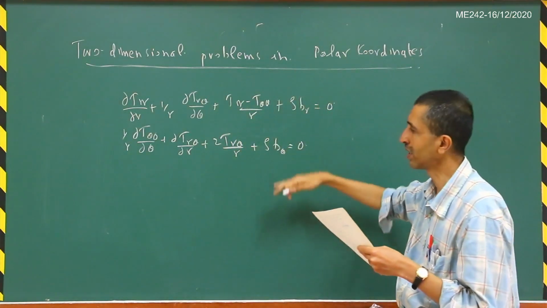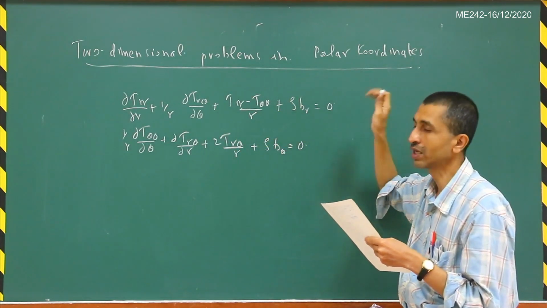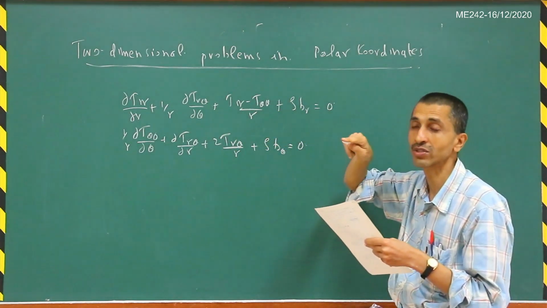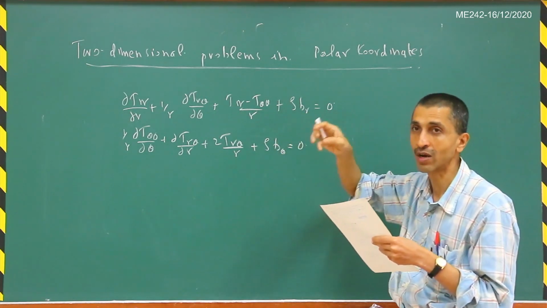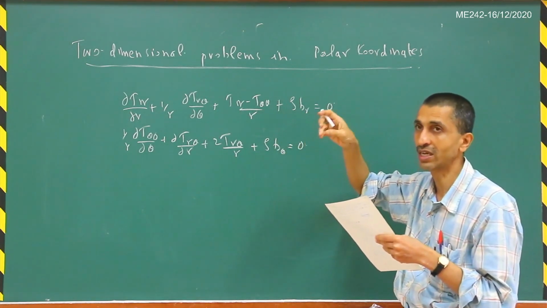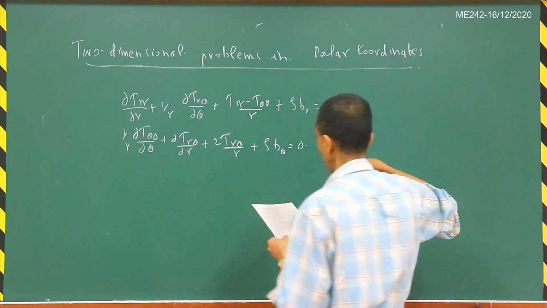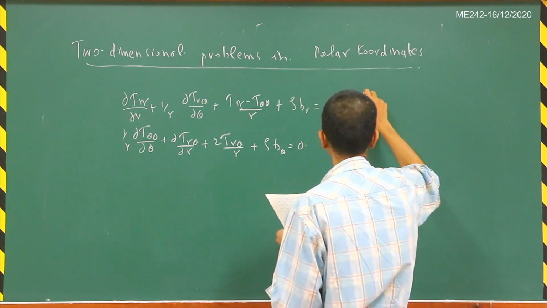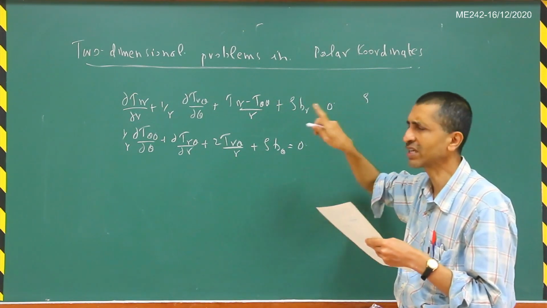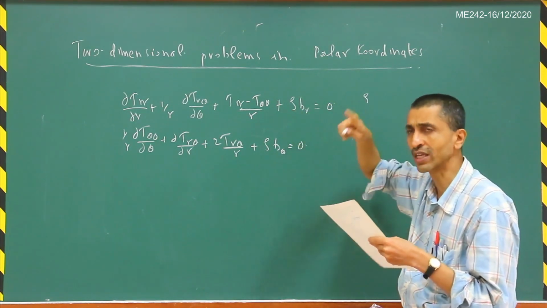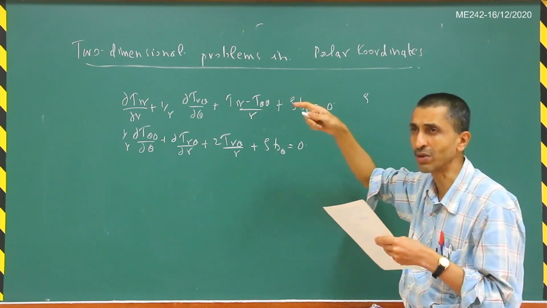That means we are considering this to be plane stress or plane strain, right? So any stress component that involves z will be absent. That means τ_rz, τ_θz, τ_zz, all of them will be 0, because this is the plane stress or plane strain assumption. In plane strain, actually τ_zz is not 0, but we don't need to consider it, since it can be computed using ν times (τ_rr + τ_θθ).